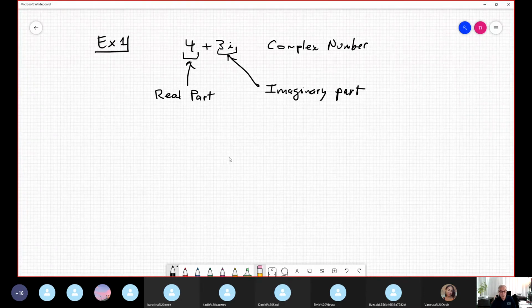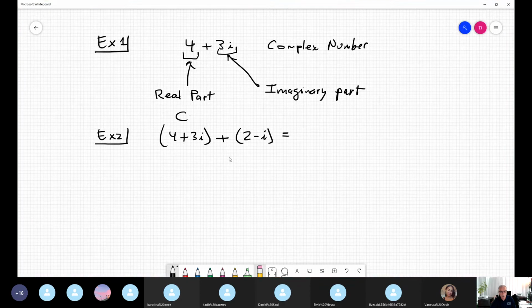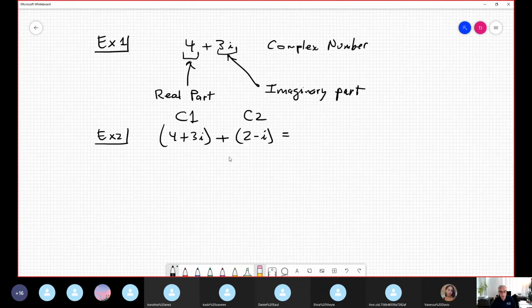So we will study in detail how we compute the different arithmetic operations using complex numbers: addition, subtraction, multiplication, and division. Example 2. Suppose addition first. The addition is extremely straightforward. Look, suppose again this number, 4 plus 3i, plus 2 minus i. This is complex number 1, this is complex number 2. You are doing addition, plus.